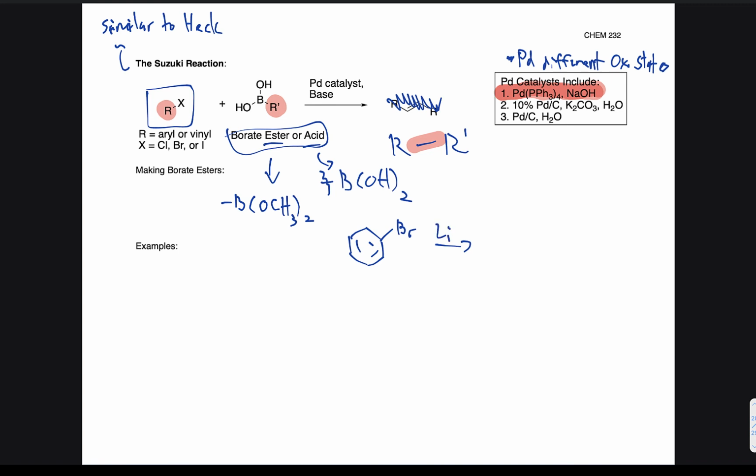You could substitute in magnesium as well, to get to a more nucleophilic benzene, and then reacting it with this species, and we essentially get a substitution reaction occurring where we generate our borate ester.